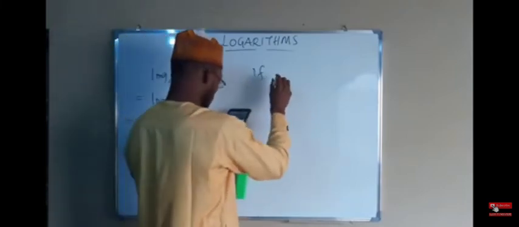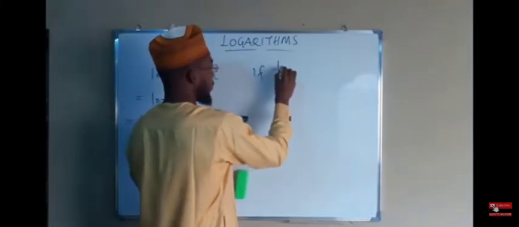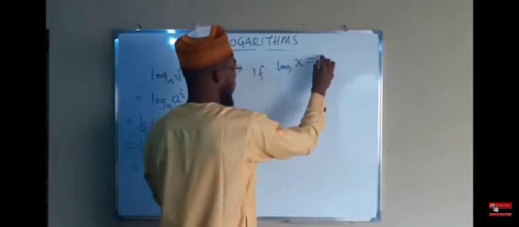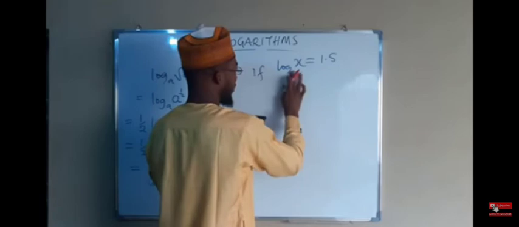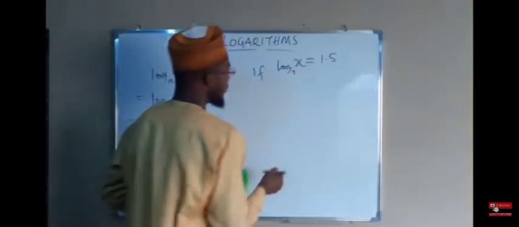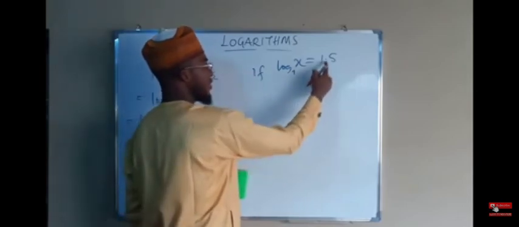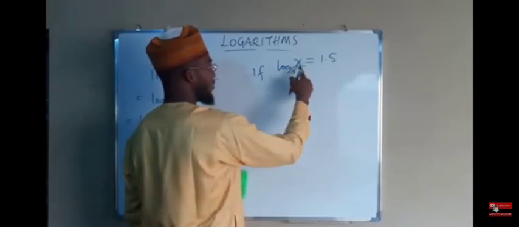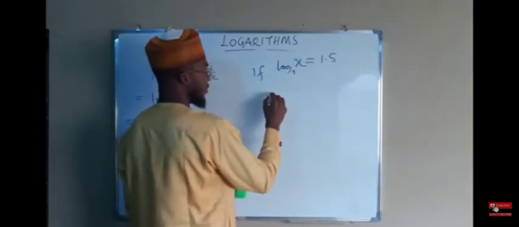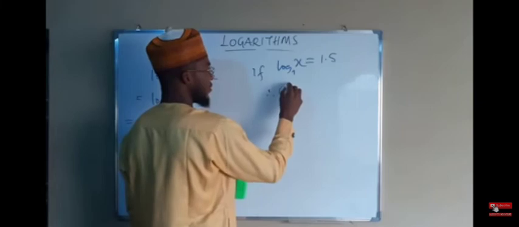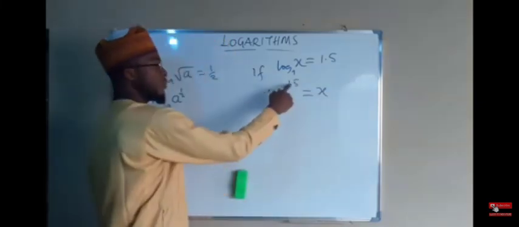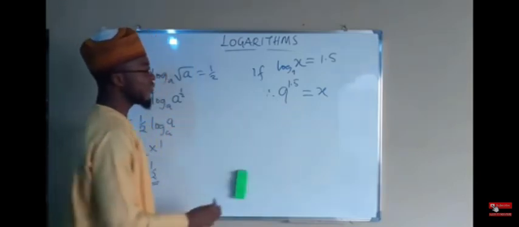If log x equals 1.5 base 9, this is base 9. Remember, 9 raised to the power of 1.5 will give us x. Therefore, 9 raised to the power of 1.5 equals x. But 1.5 is the same thing as 15 over 10.